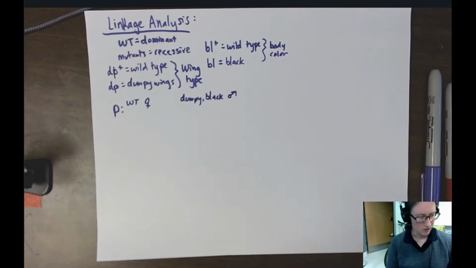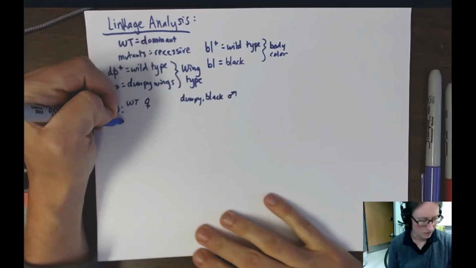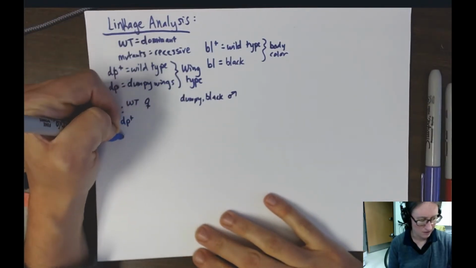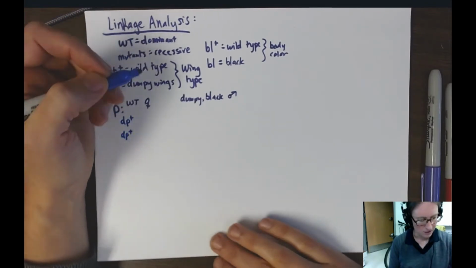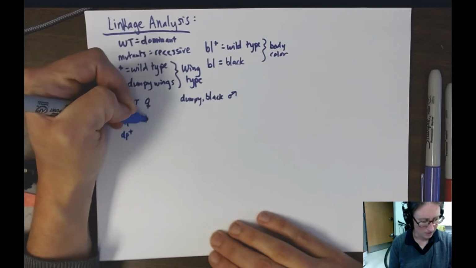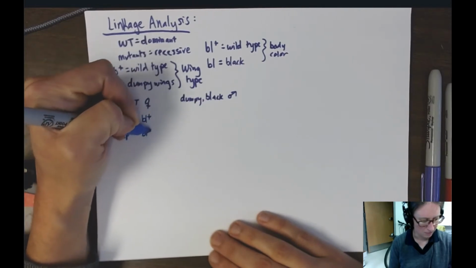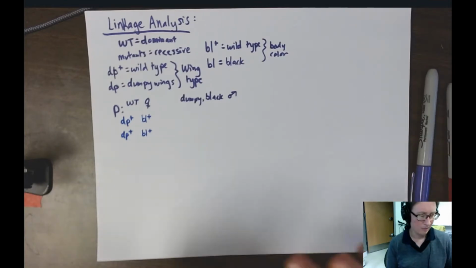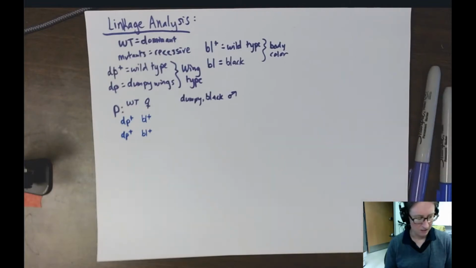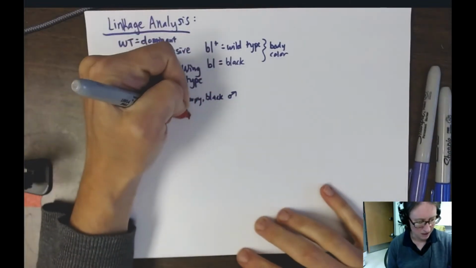If we're writing out these genotypes, this wild type female is going to be DP plus, BL plus, okay? And this dumpy black male, and if we're thinking about chromosomes here, well, we'll get to that in a minute, this dumpy black male is going to be DP, BL.